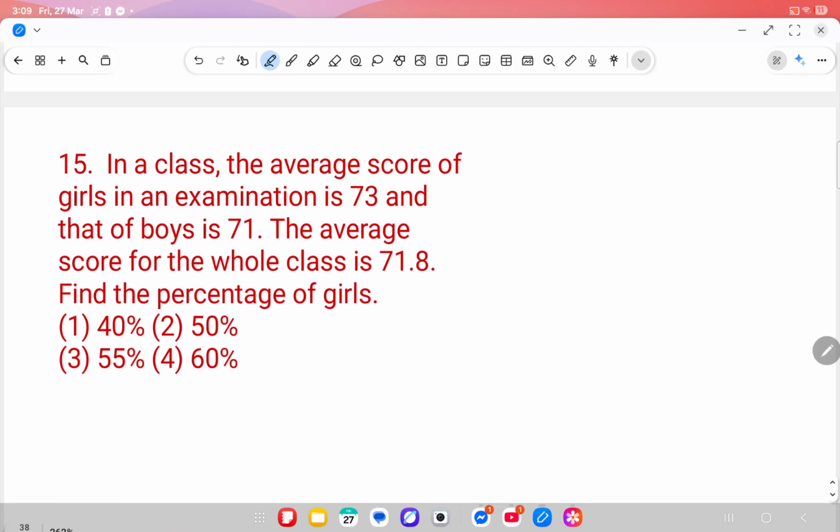Then in a class the average score of girls in an examination is 73 and that of boys is 71. The average score of the whole class is 71.8. Find the percentage of girls.